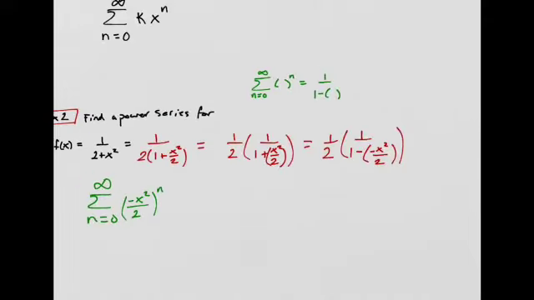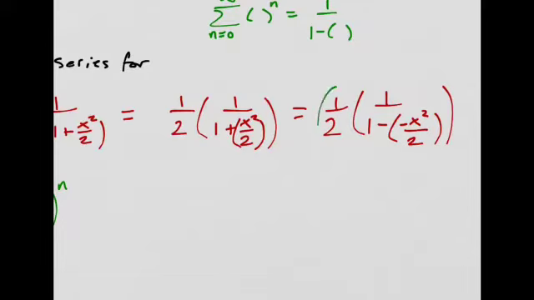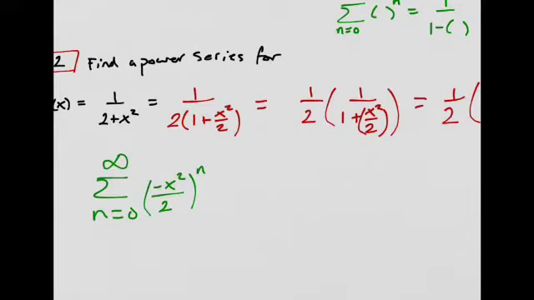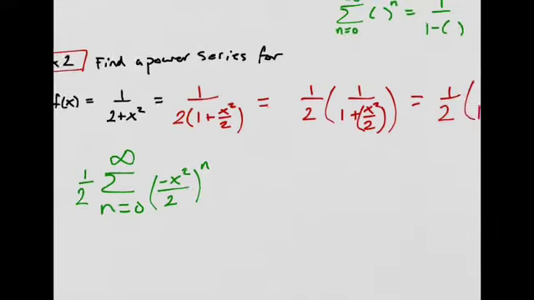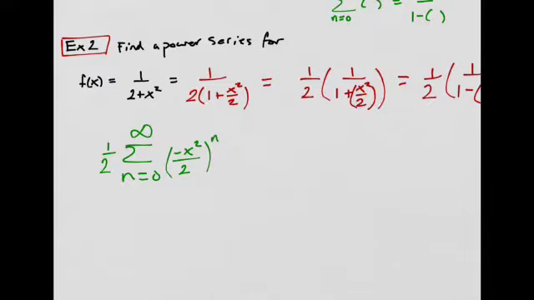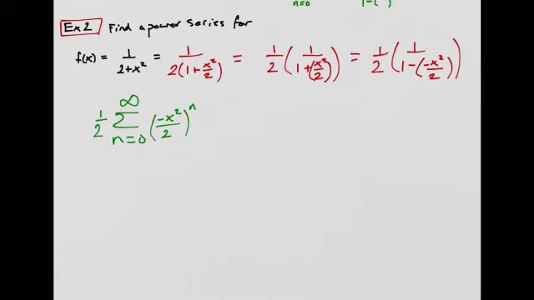I literally got 1, 1, and minus. Then, as soon as I have that, I can go to my power series representation. Except for, I have a 1/2 on the outside. So I'm multiplying this whole thing by 1/2. But I mean, that's hopefully just to get you to understand, but I'm actually going to do something a little bit different.